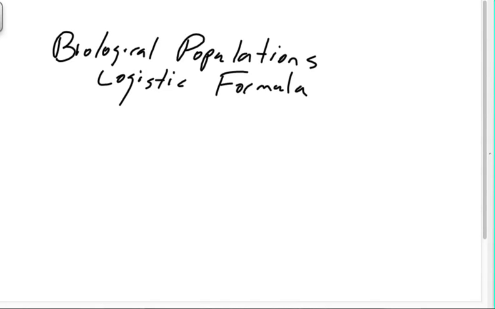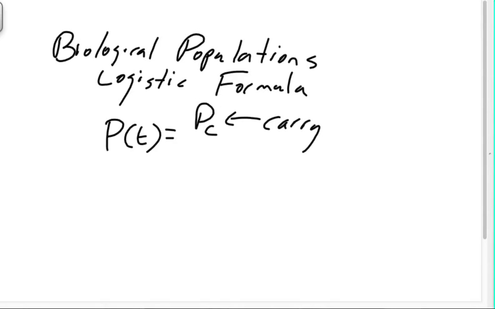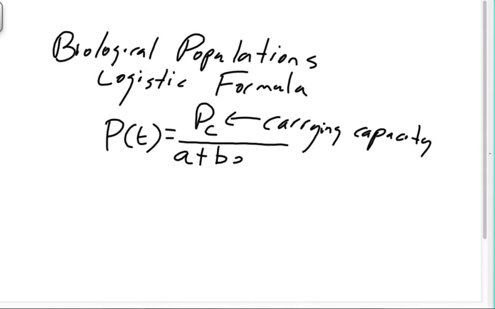The logistic formula typically looks something like this: the population at time t is going to equal P sub c, which is what's known as your carrying capacity, how many of these little critters the environment can hold, divided by A plus B e to the negative RT.